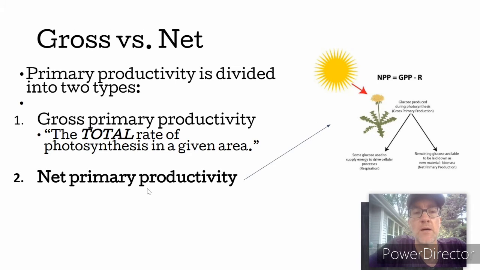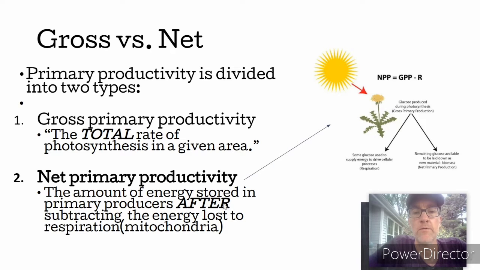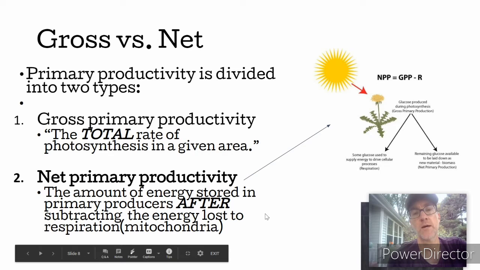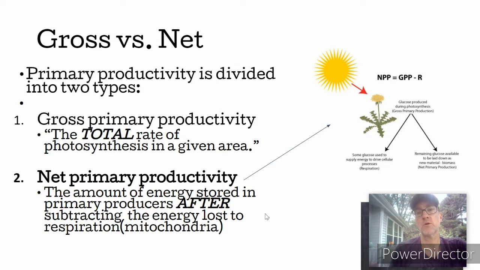What we measure as ecologists is the net primary productivity. So that is the amount of energy stored in primary producers after subtracting the energy loss through respiration. So it's the biomass accumulated, created by the plant. Oh, that's a cool little wasp, a little parasitic wasp.